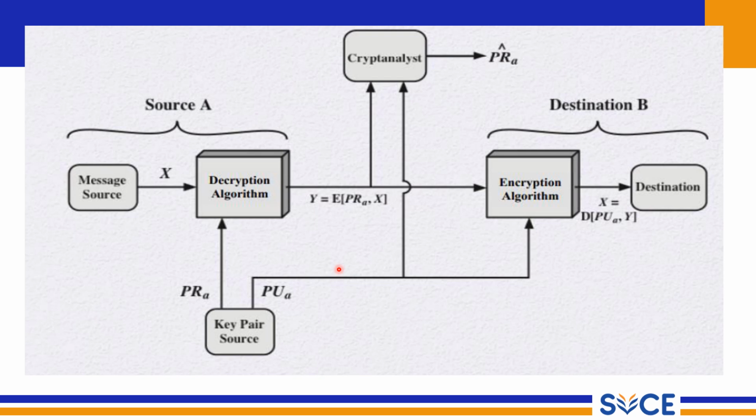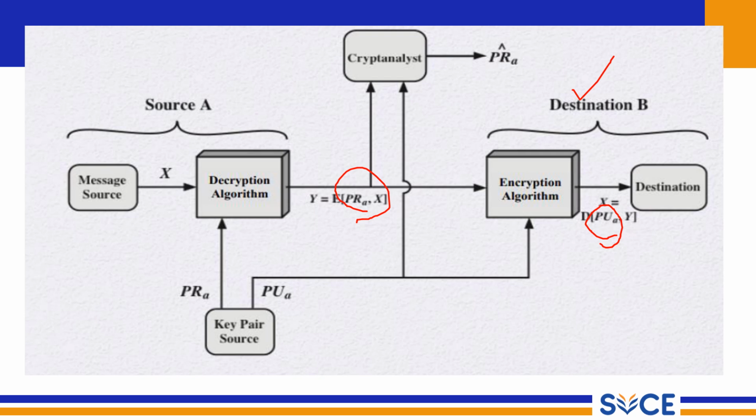The message is intended for destination B. In destination B, we generate a related pair of keys: a public key, PUB, and a private key, PRB. PRB is known only to B.